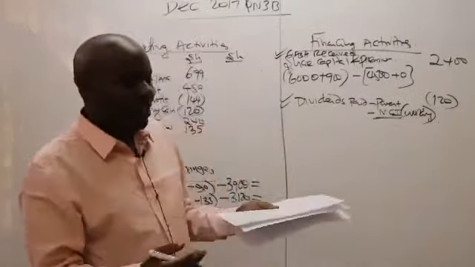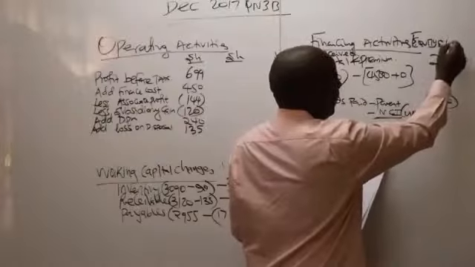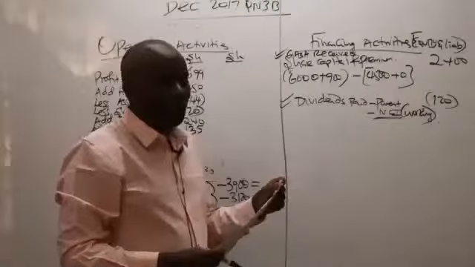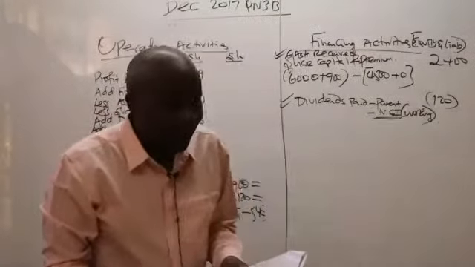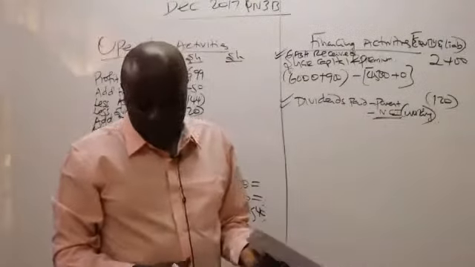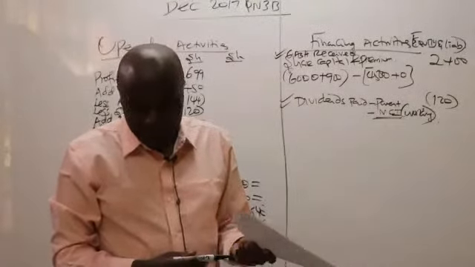Remember financing activities, the way we say assets financed by equity and liabilities. So this should be equity and liabilities. Please check whether there are any loans that we borrowed. Let me give you a minute.